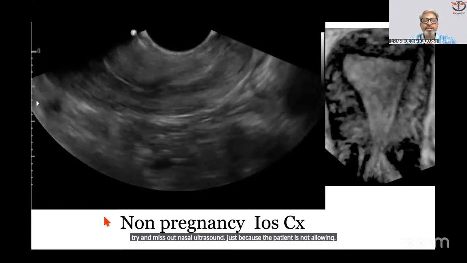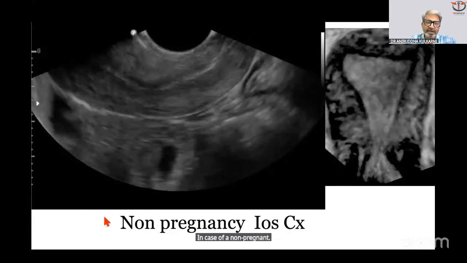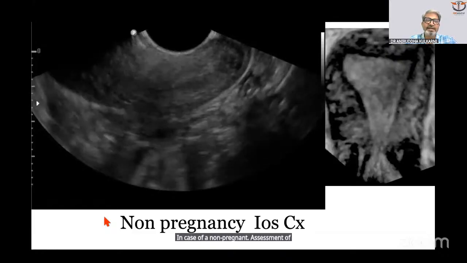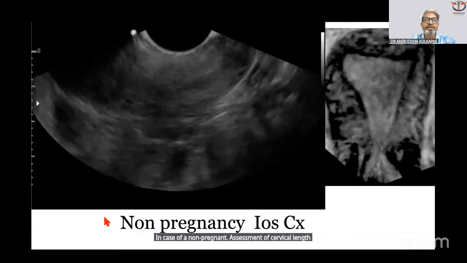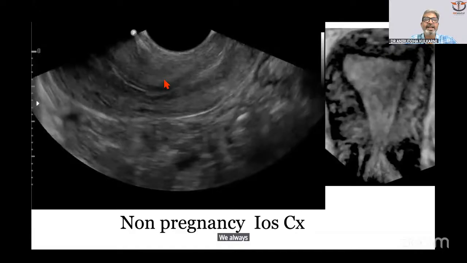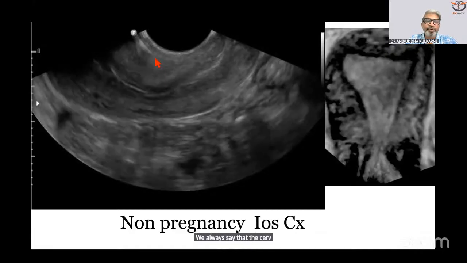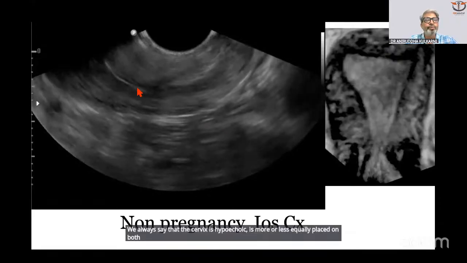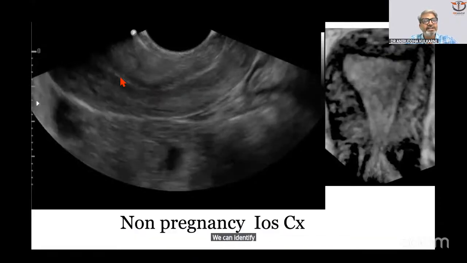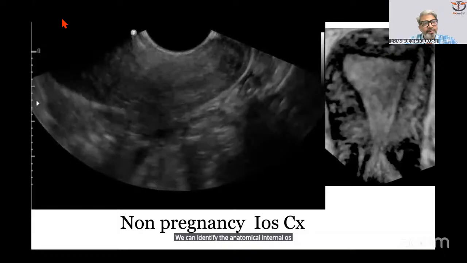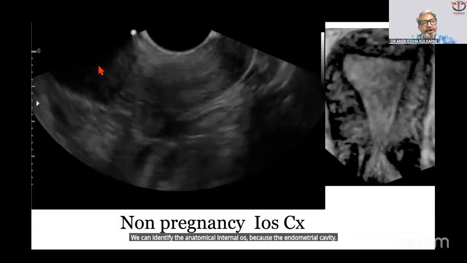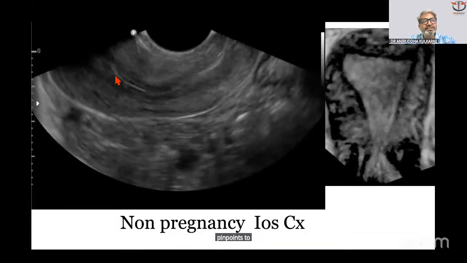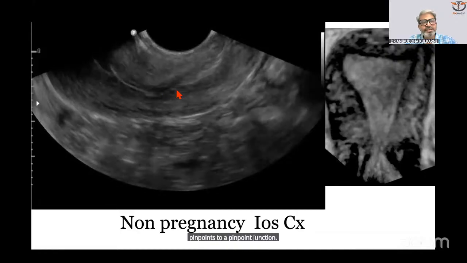In a non-pregnant assessment of the cervix, we always say that the cervix is hypoechoic, more or less equally placed on both sides. We can identify the anatomical internal os because the endometrial cavity pinpoints to a junction where it enters into the cervical canal.